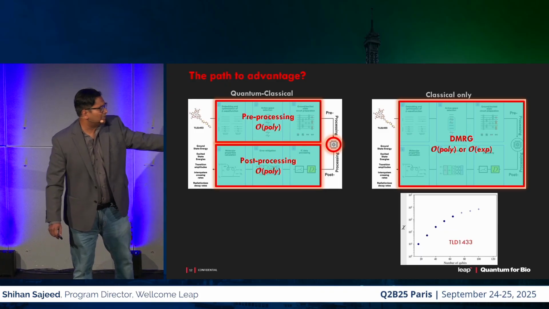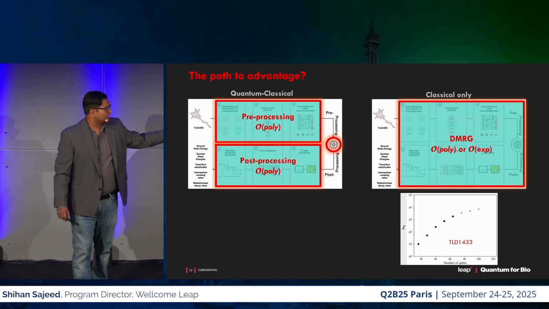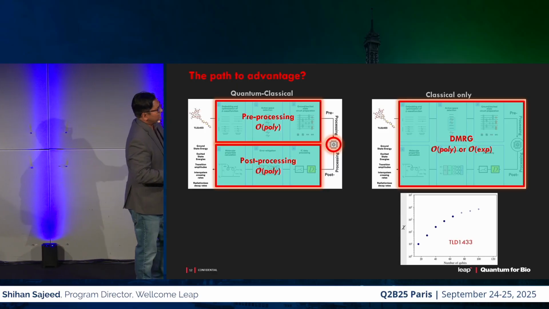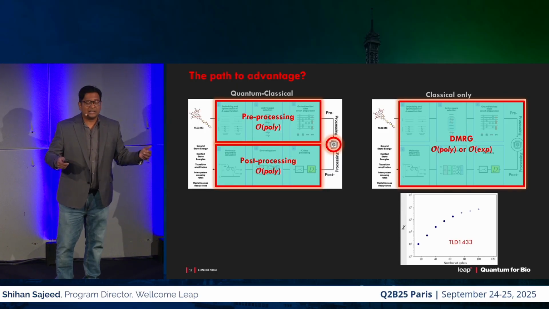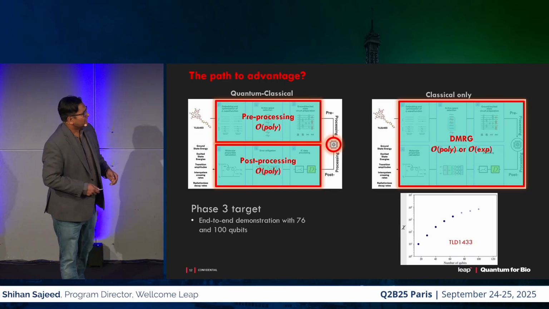This is for a particular orbital size and for a particular error that we want to achieve, right? So this is a result showing us how we can achieve a quantum advantage type of value.